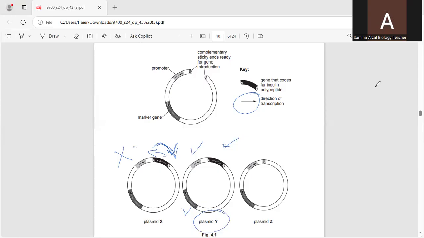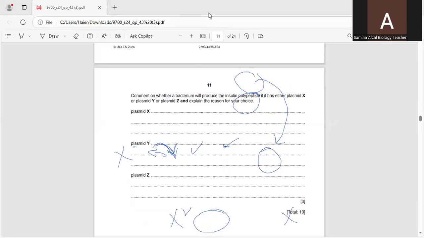Plasmid Z will not produce the insulin, because the gene should be inserted into it, but it is not inserted. So only plasmid Y is in the actual form with which we can manufacture insulin by the process of genetic engineering.